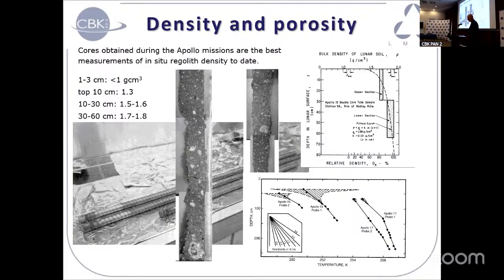Another issue is the density of the soil. It is a very loose material, with around 40% relative density, which increases rapidly to around 90% just 20-30 centimeters below the surface.